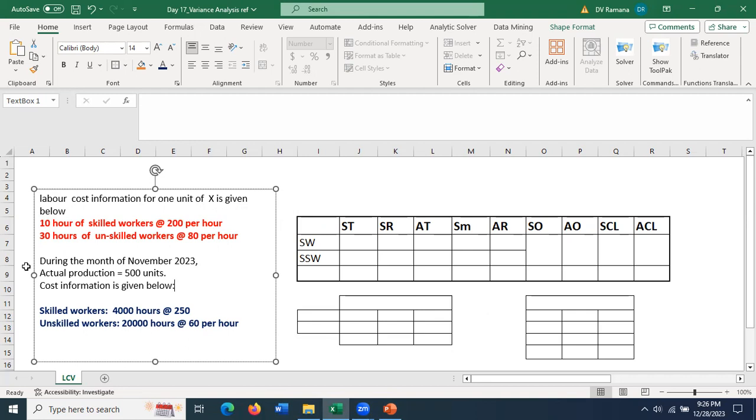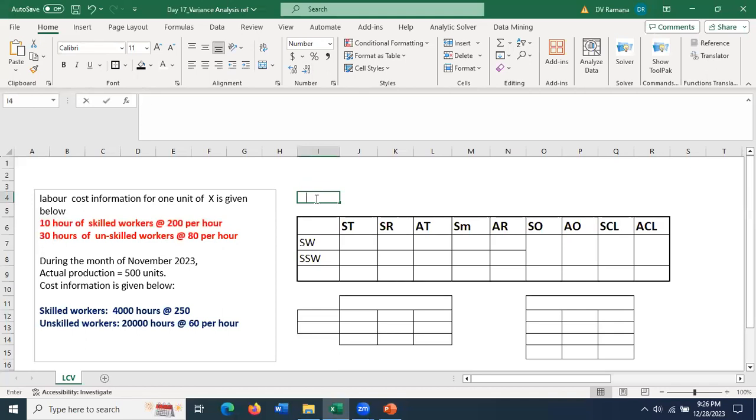In any exercise on labor cost variance, for that matter any variance analysis, it is always useful to prepare a working note. And the working note should help us in deriving the relevant variances.